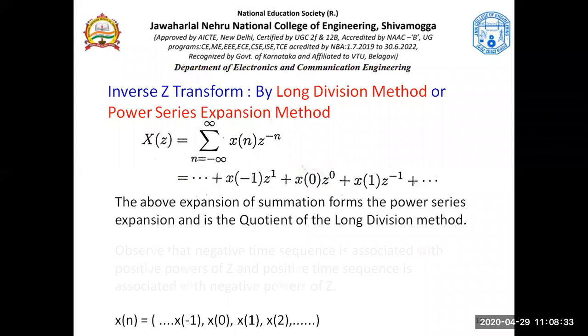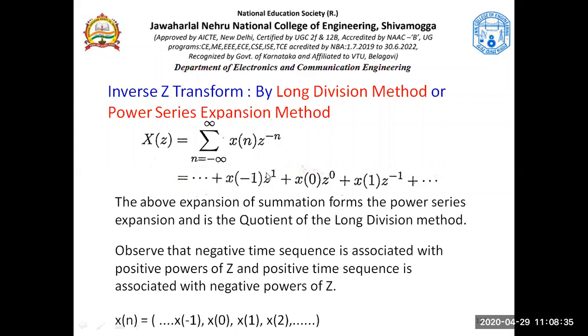Now see here. In the long division method you will get a quotient, and that quotient would be x of z, in this form. Once you have this form, we should be able to extract the sequence. Seeing z to the power 0 is 1, if you have 1 beside any sample, that means that's the zeroth sample.